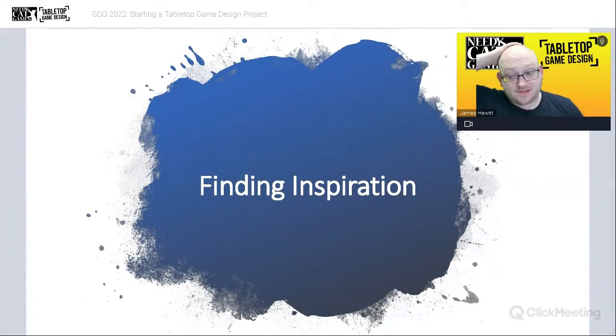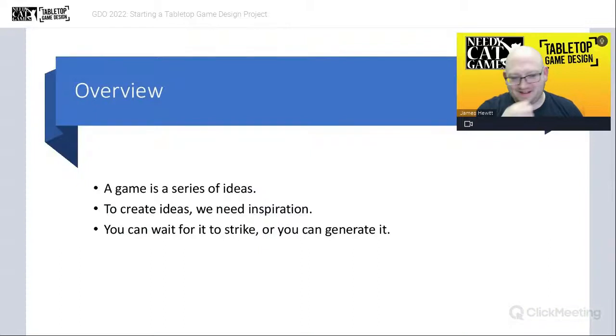The first section is about finding inspiration, which is a thing that we get asked a lot about by new designers specifically. Where do you get your ideas from? I'm going to tell you. Any game, any creative project, anything you do is a series of ideas. You might have ideas for the concept, for the mechanics, whatever it is, but a game is a staggering monolith of ideas.